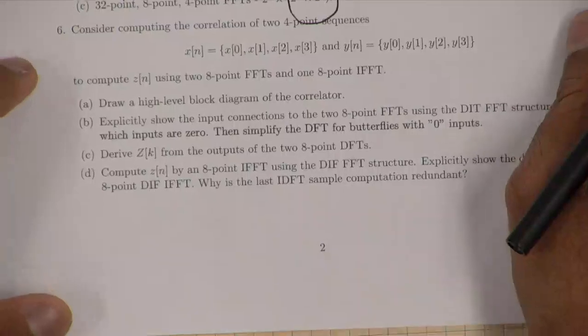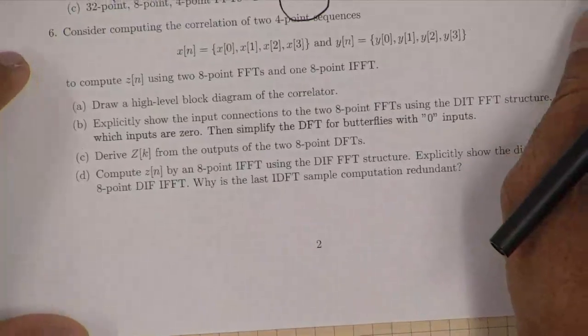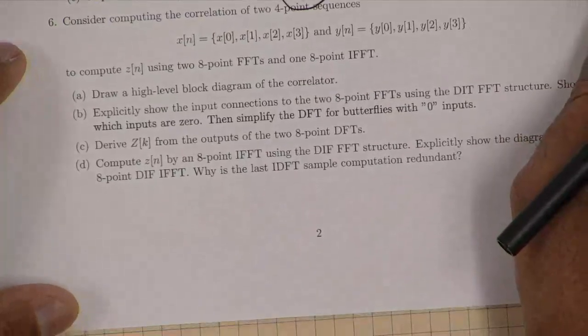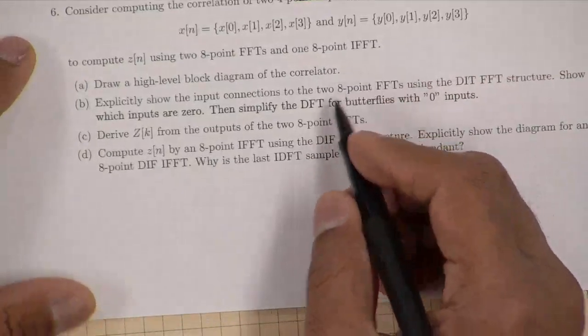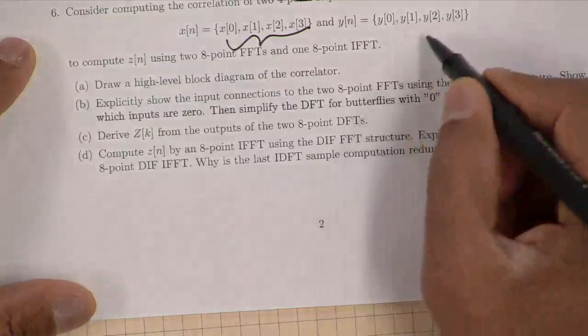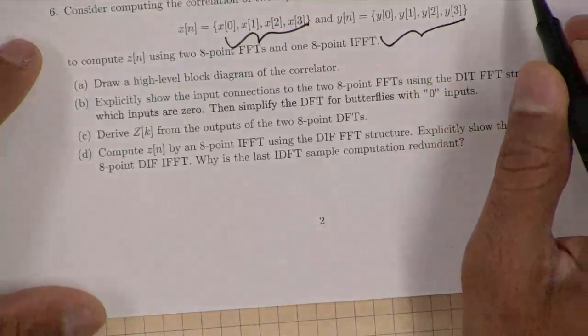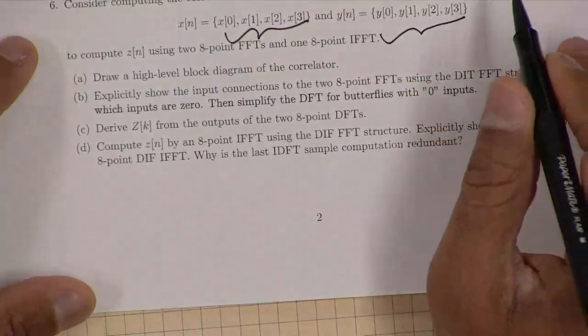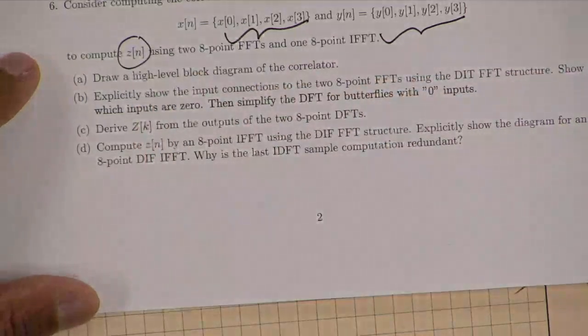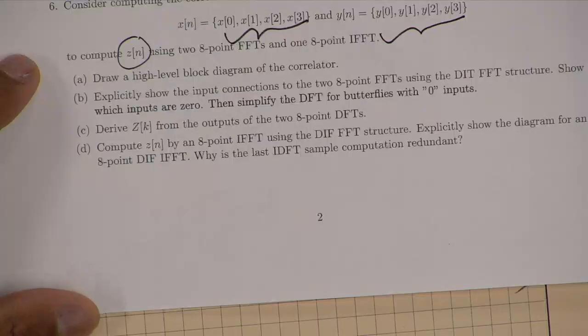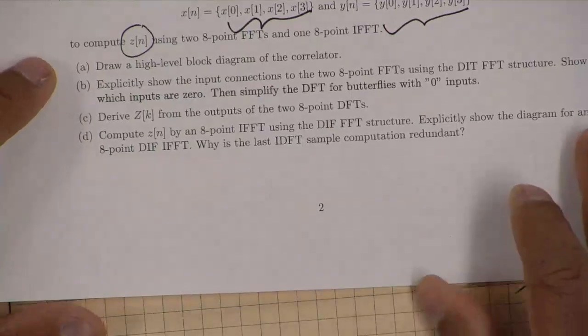And the last problem is how to implement a correlator using an 8-point FFT. We have a 4-point input sequence x0, x1, x2, x3, and a second input y0, y1, y2, y3. We want to compute the 7-point correlation zn using DFT.